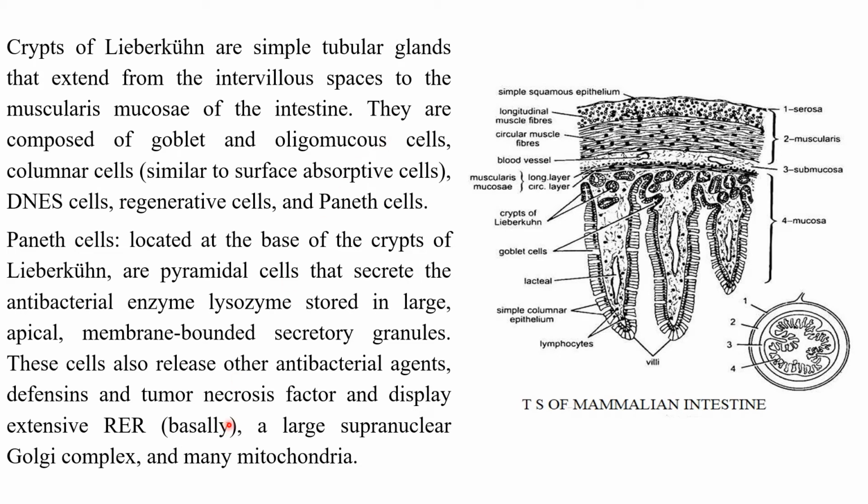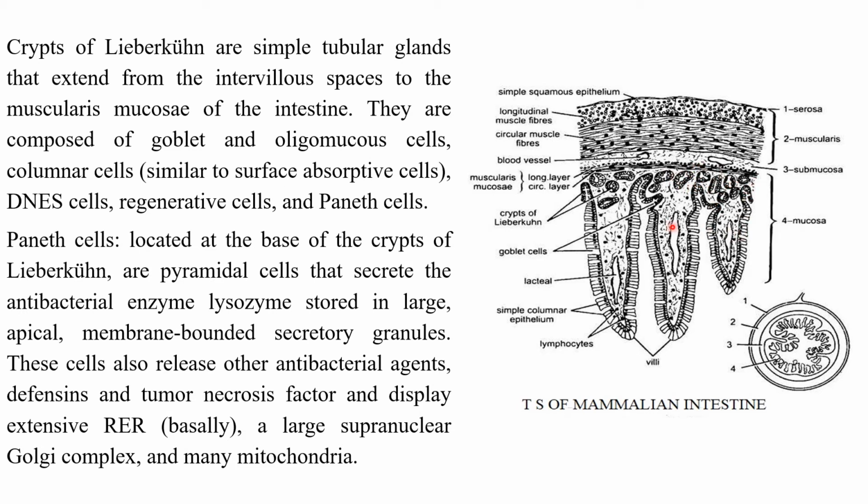While discussing villi and other structures of the mucosa, we came across specialized tubular glands called crypts of Lieberkühn. You can see here some structures in the lamina propria which look like a blood vessel or a canal surrounded by small glandular cells.